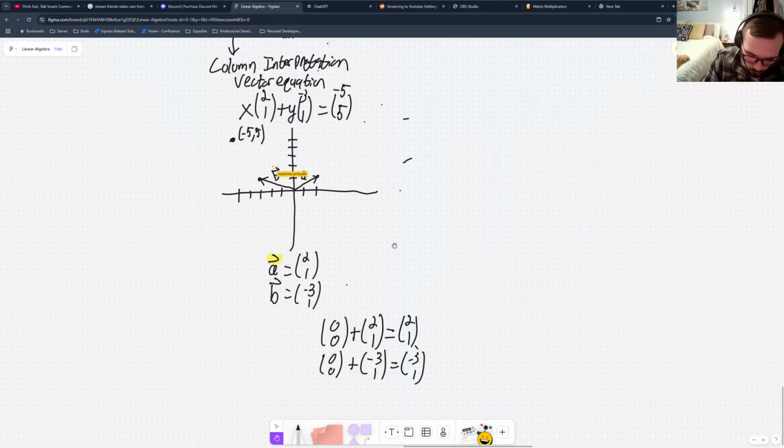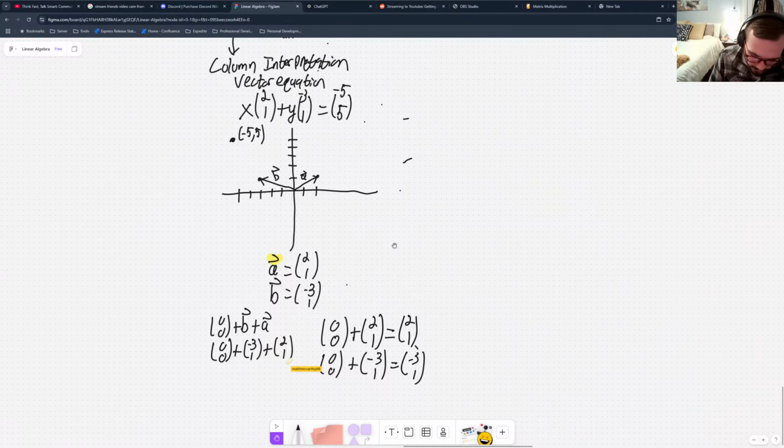Now we can go from any point and add the next vector. So we can go from 0, 0, and then add B, and then add A. If we did that, we'd go from 0, 0, and then we would add -3, 1, and then we could add 2, 1.